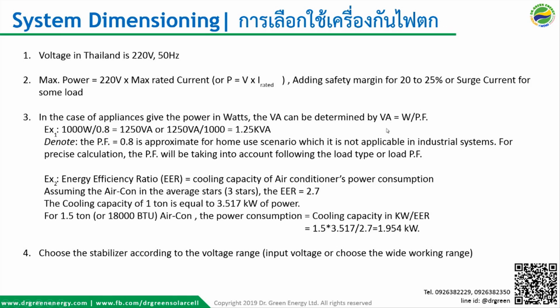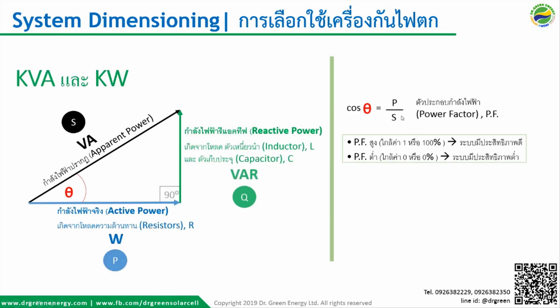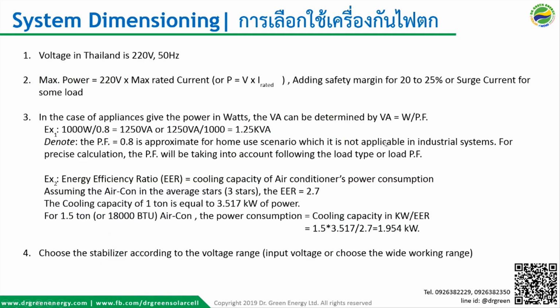If we remember the formula from the previous page, VA is equal to wattage divided by power factor. Alright, so VA, which is represented by S in this equation, S is equal to watt divided by power factor. That's why this equation is written like this.